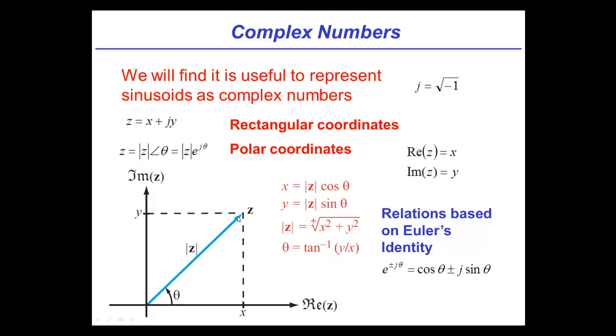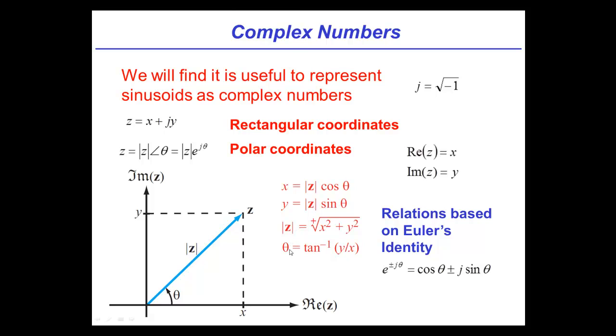Further, we can find the length of this diagonal as the square root of the sum of the squares. Okay, so here are the relationships we have. x is equal to z cosine theta, y is equal to z sine theta, and z itself is going to be the positive square root of the sum of the squares, x squared plus y squared. And you can also figure out the angle from the arctangent.